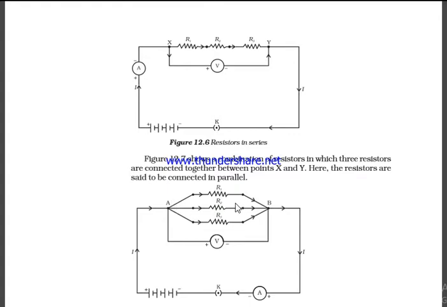Suppose 2 or 3 of these resistors are sharing a common joint, that is, their ends are connected to a common point, then we can say that these resistors are connected in parallel.